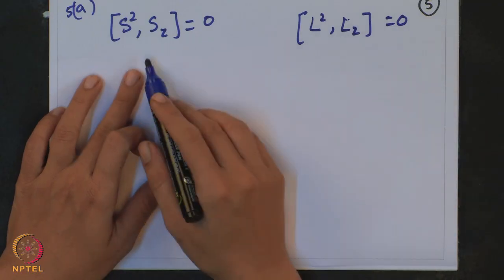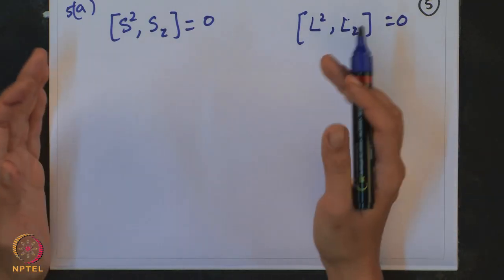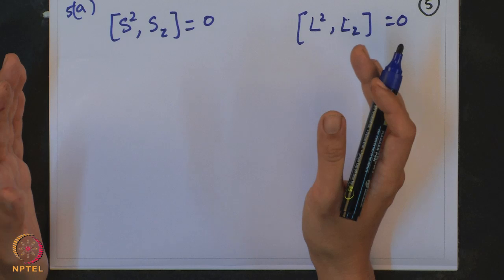And here Sz is a diagonal matrix, so it is easy to calculate the eigenvalues and eigenvectors, and once we know the eigenvectors of Sz, we can have a simultaneous eigenket for S square also. So, the eigenvectors of Sz will also be the eigenvectors of S square, and that simplifies the calculation.